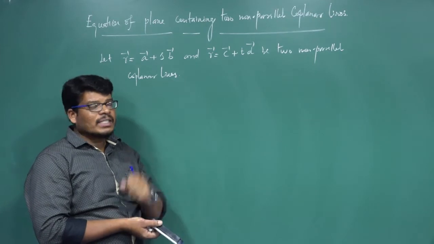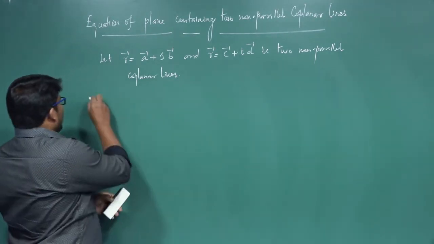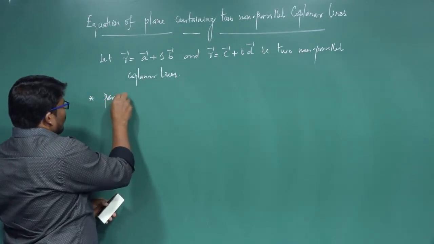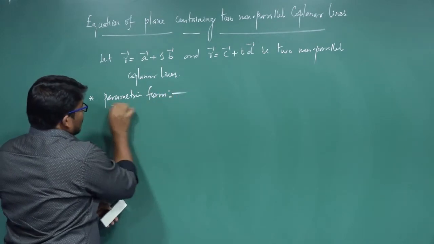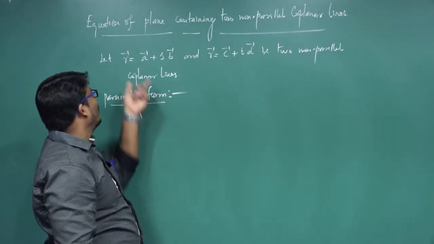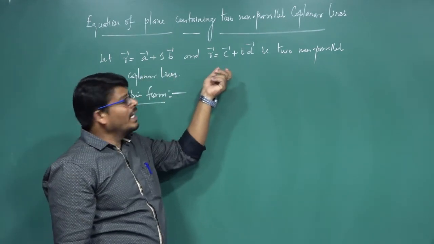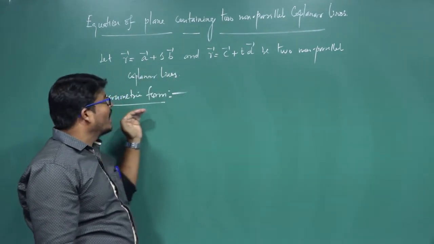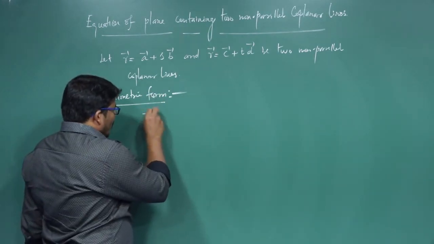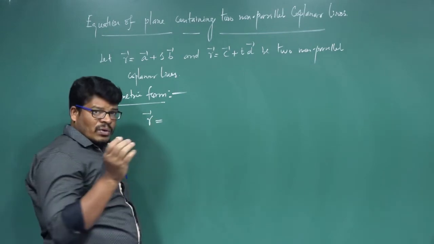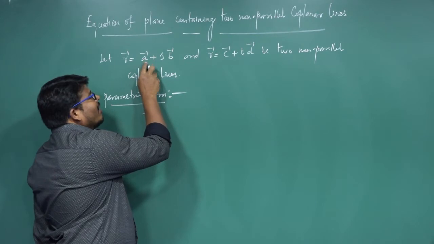First, write it in parametric form. Given two lines, r vector equal to a vector plus s b vector and r vector equal to c vector plus t d vector, the parametric form of the equation of the plane is r vector equal to, taking any one of the points, r vector equal to a vector.